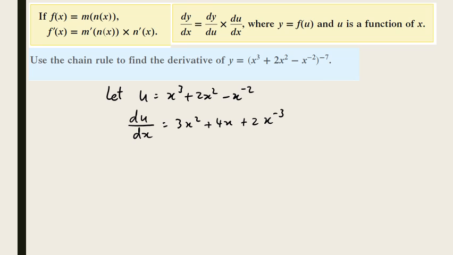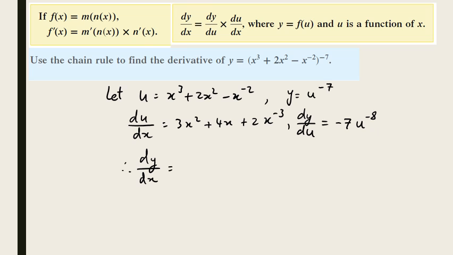Then, because we let u equal to all of the stuff inside, y is equal to u to the power of negative 7. So then dy/du, so we're differentiating in terms of u, is negative 7 u to the power of negative 8.